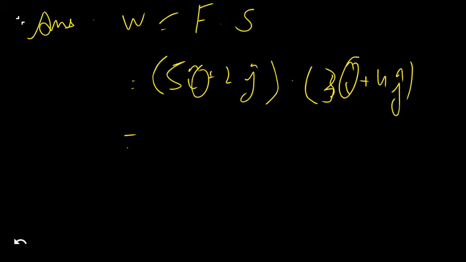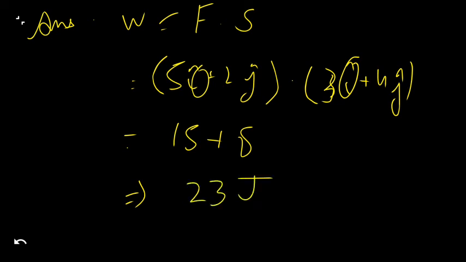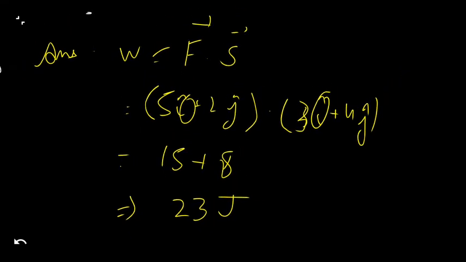So if we multiply 5i into 3i, it will just be 15 and not i squared, because scalar product gives out a scalar and i squared will be a vector. So we multiply these and we just add the other part, which is j. 4 into 2, that's 8, and we get our answer as 23. So the work done will be 23 joules.